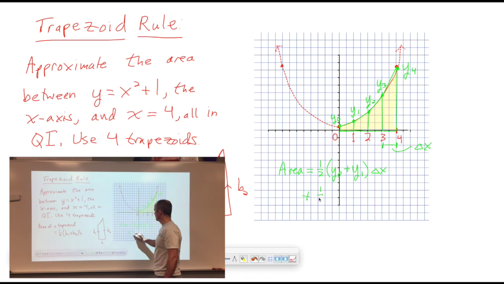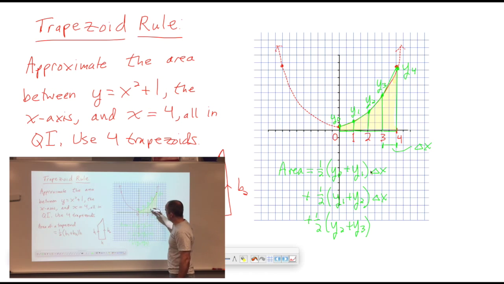plus another trapezoid, which is going to be 1/2 the length of the base under y sub 1, plus the base under y sub 2, times my height of delta x, plus 1/2 y sub 2 plus y sub 3.